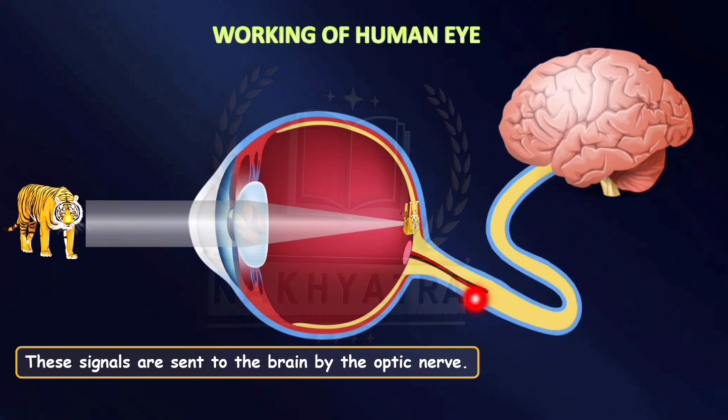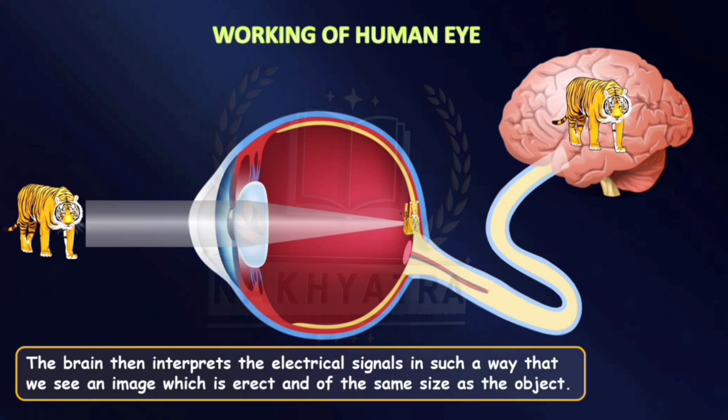So optic nerve is present here. The brain then interprets the electrical signals in such a way that we see an image which is erect and of the same size as the object. Okay students, I hope everyone is clear.